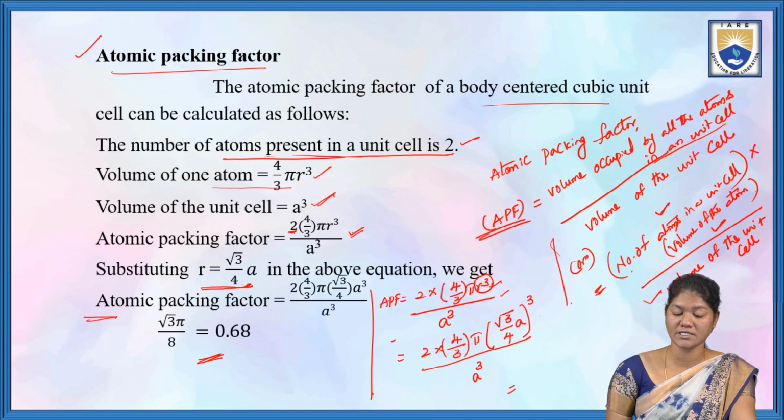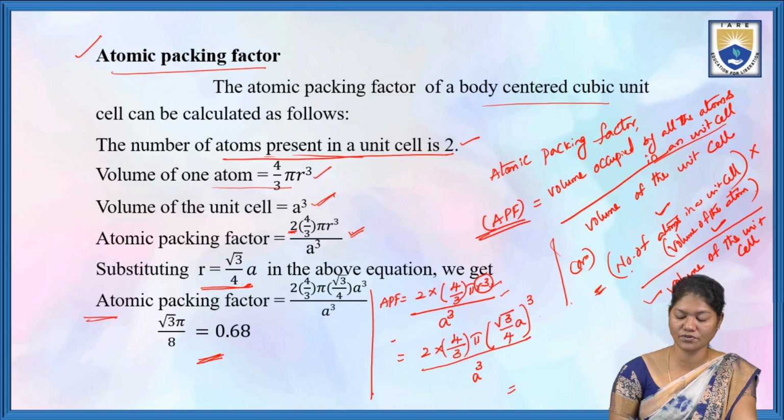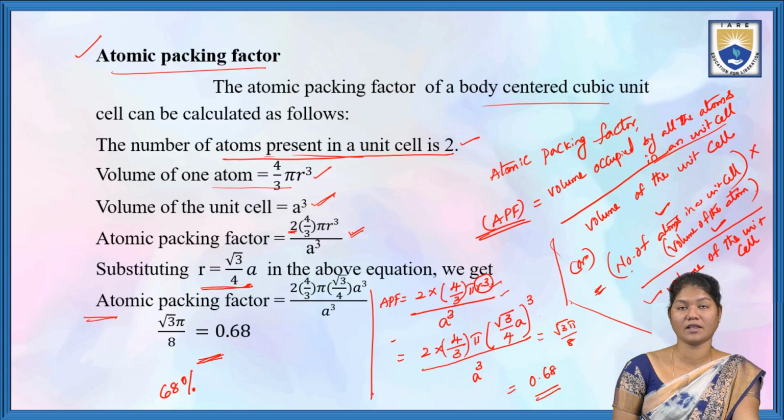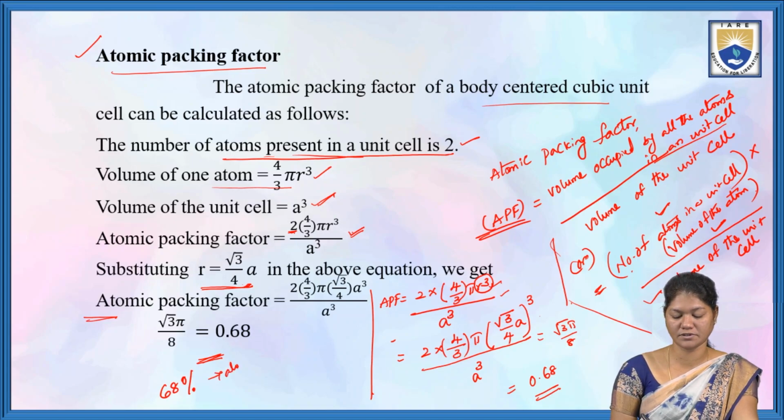So 0.68 means that 68% of the unit cell is occupied by atoms in the BCC unit cell.